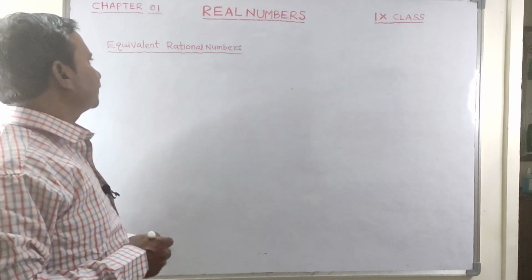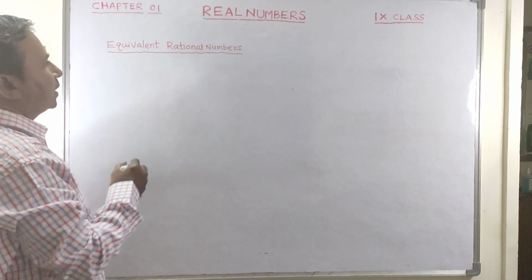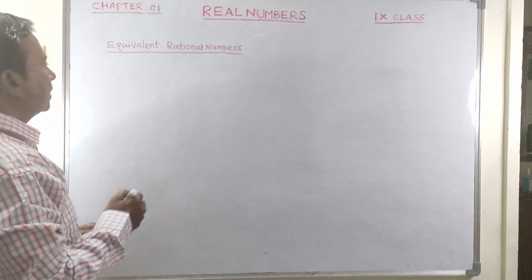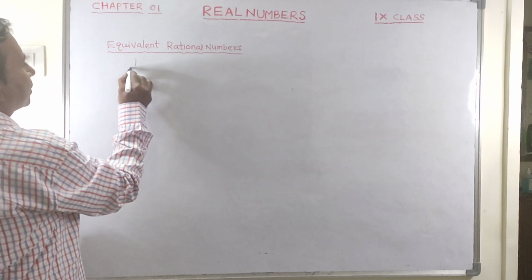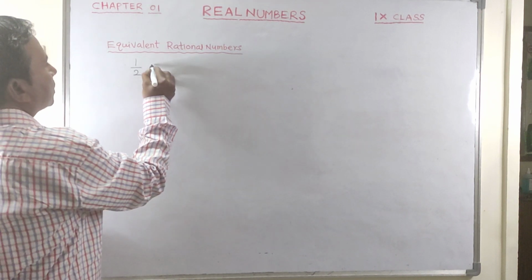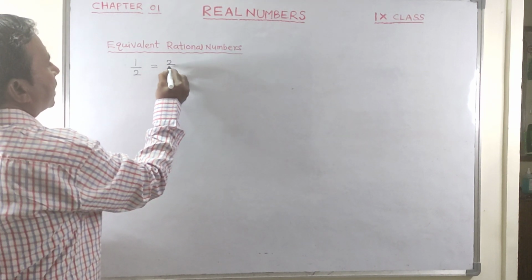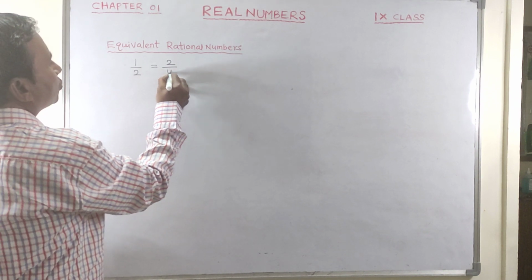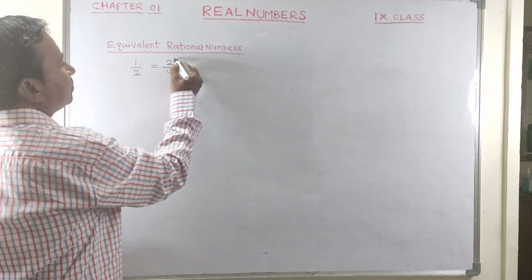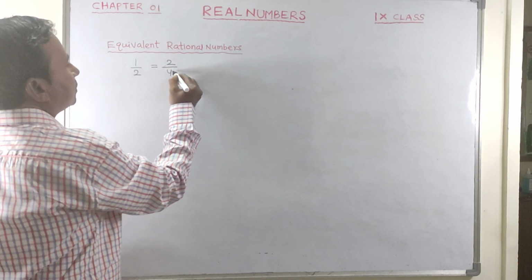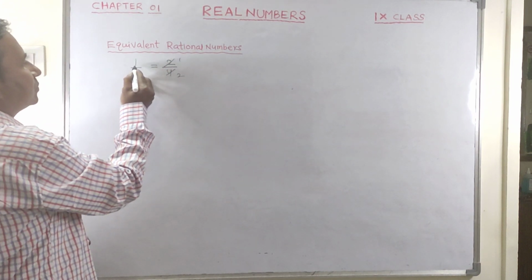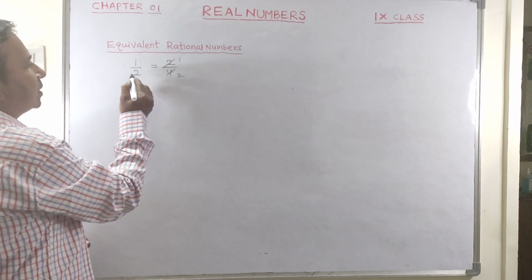Now let us see what is meant by equivalent rational numbers. See children, I am taking one rational number, 1 by 2. Can I write it as 2 by 4? Yes. Why? Because if you simplify by cutting with 2, 2 ones are 2, 2 twos are 4, again we are getting the same rational number 1 by 2.